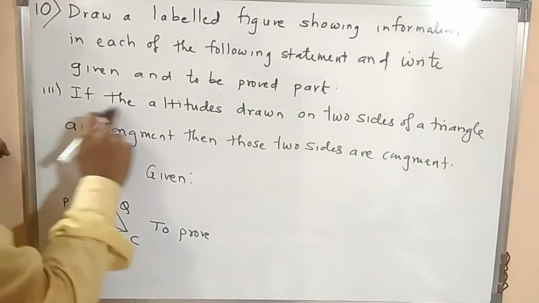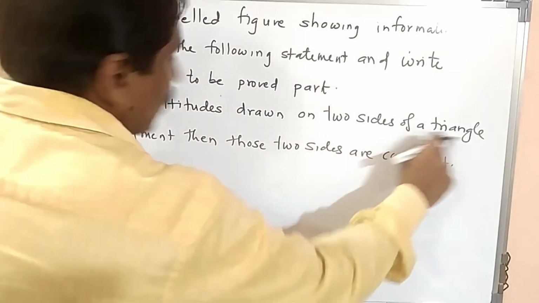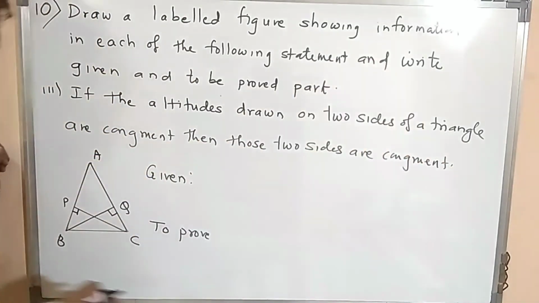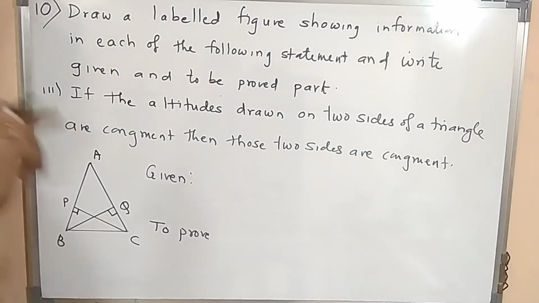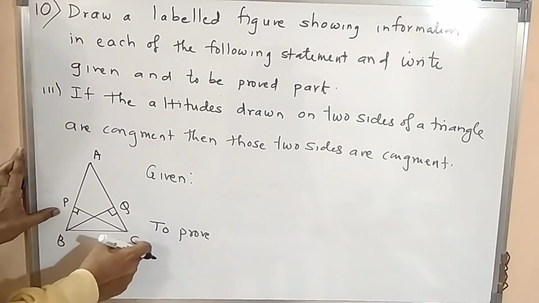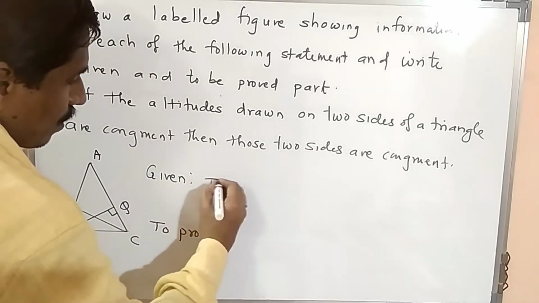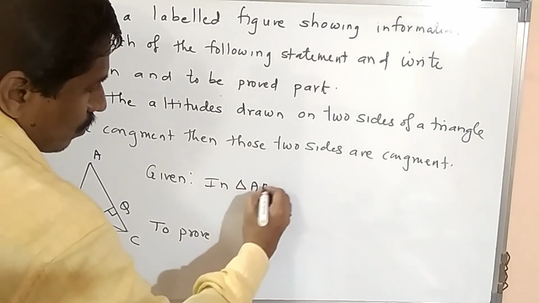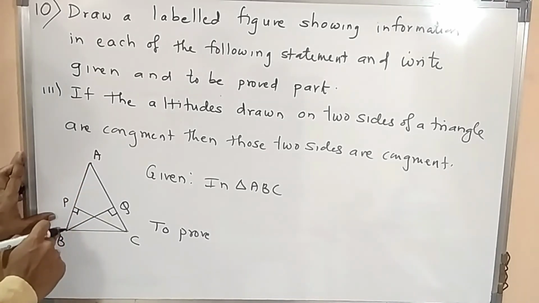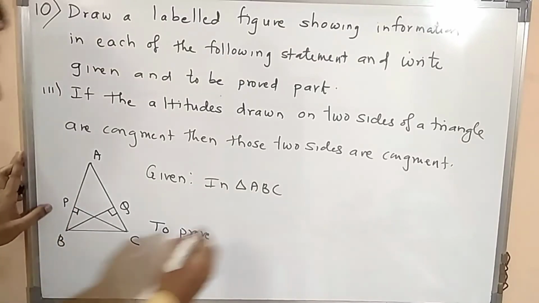3. If the altitudes drawn on two sides of a triangle are congruent, then those two sides are congruent. What do you mean by altitude? Altitude is the perpendicular drawn from the vertex to its opposite side. Here, suppose this is triangle ABC. In triangle ABC, see what is given. Segment CP is perpendicular to side AB and segment BQ is perpendicular to side AC.